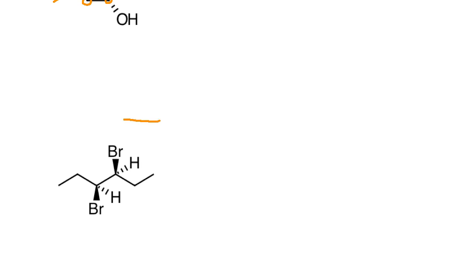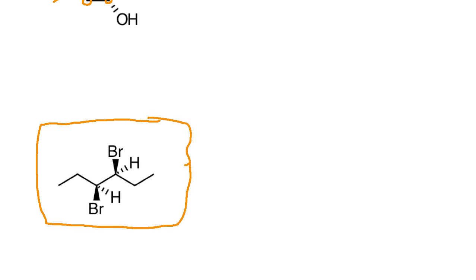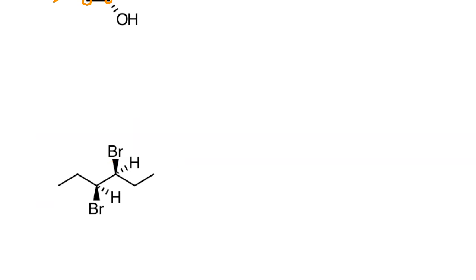So imagine that I'm really drawing the plane of symmetry going straight down the middle of the molecule here, right? I would be able to find a plane of symmetry if I was working with it like that. And so, again, whenever you have a plane of symmetry that you can work with, you're going to have an achiral compound.